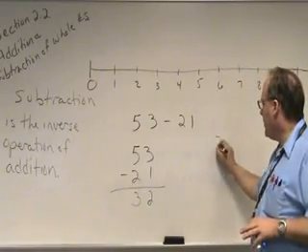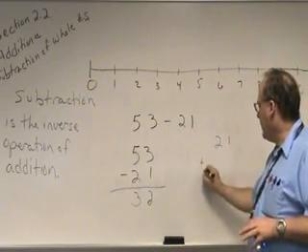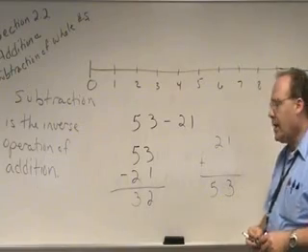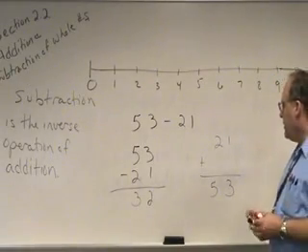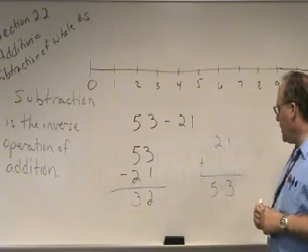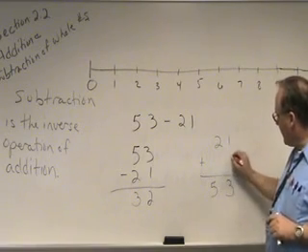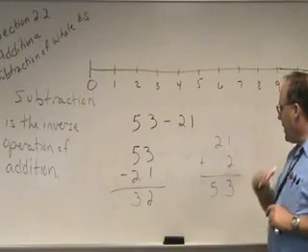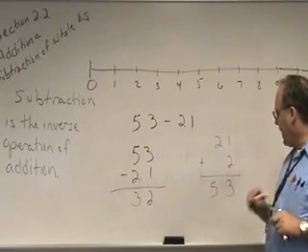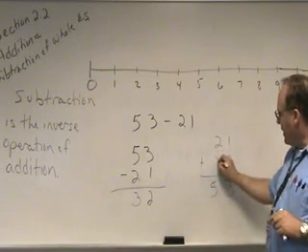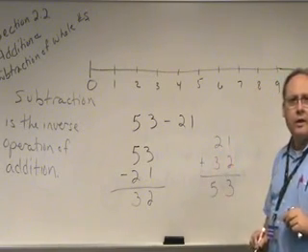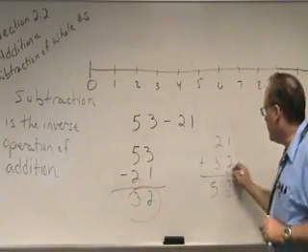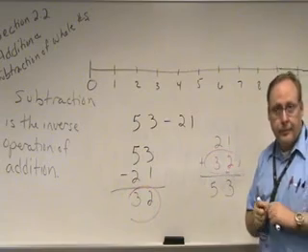Or I could start it off like this. 21 plus something is 53. And you see, I know that if I have 1 one and I need 3 ones, I'm going to have to add 2 ones. And if I have 2 tens and I need 5 tens altogether, I've got to add 3 more tens.